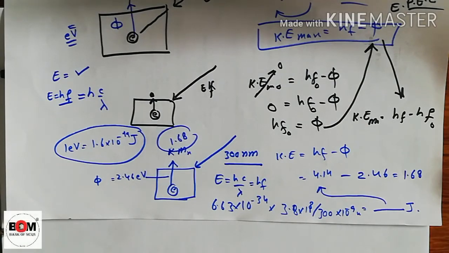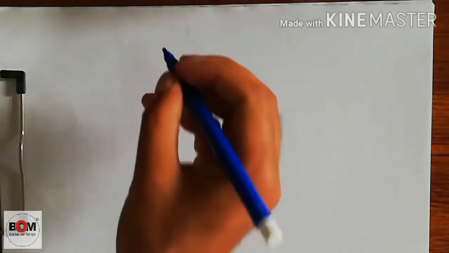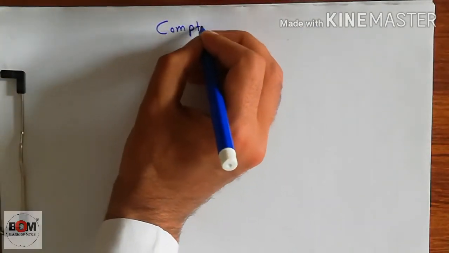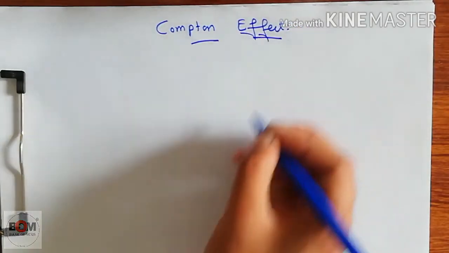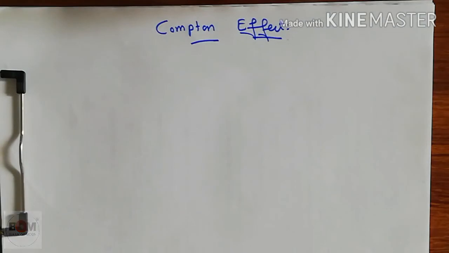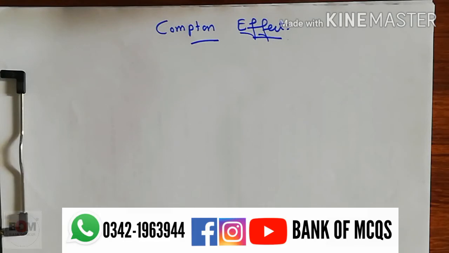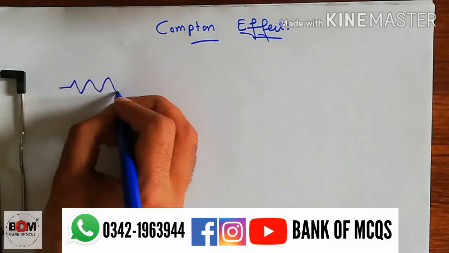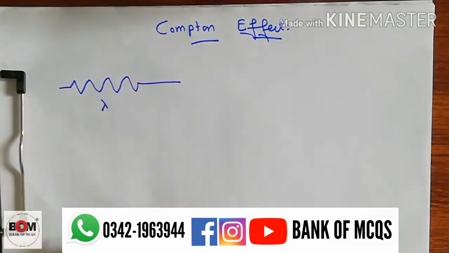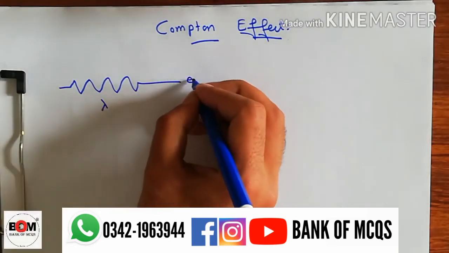The next is the Compton effect. The change in wavelength between scattered X-rays and incident X-rays is called the Compton effect. It says that a wave of wavelength lambda came and hit the electron.